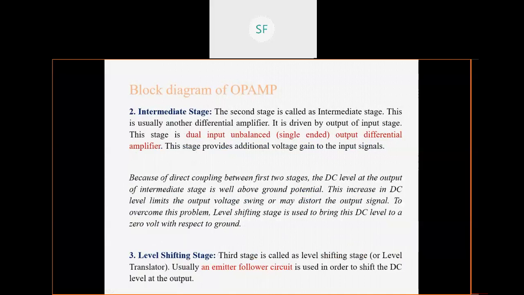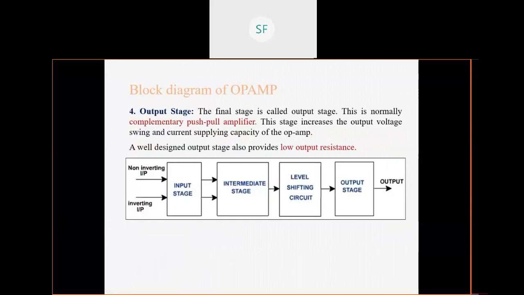Now about the final stage. The output stage is our final stage. Which circuit is used in the output stage? It is a complementary push-pull amplifier. And what is the function of the output stage?